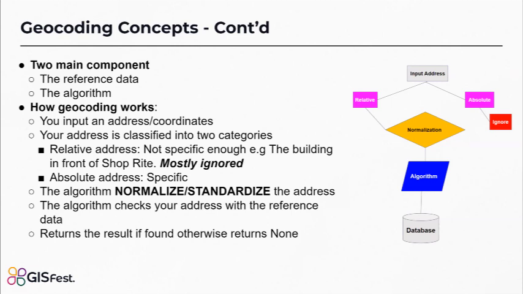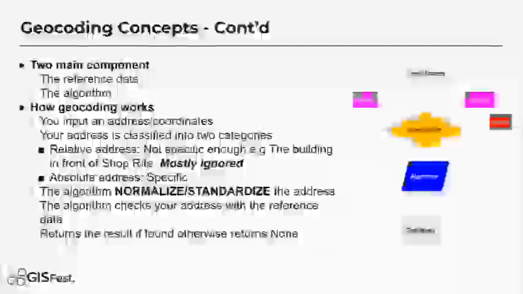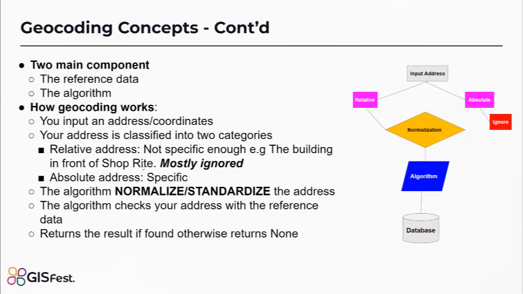So that's an absolute address. It's specific. But when you put in an address like the building in front of ShopRite, as you can see here, it's a very good address, but it doesn't really make sense to the system. So those kinds of addresses are usually ignored, unless it could derive some reasonable text from what you just inputted. So those are the two ways it's classified.